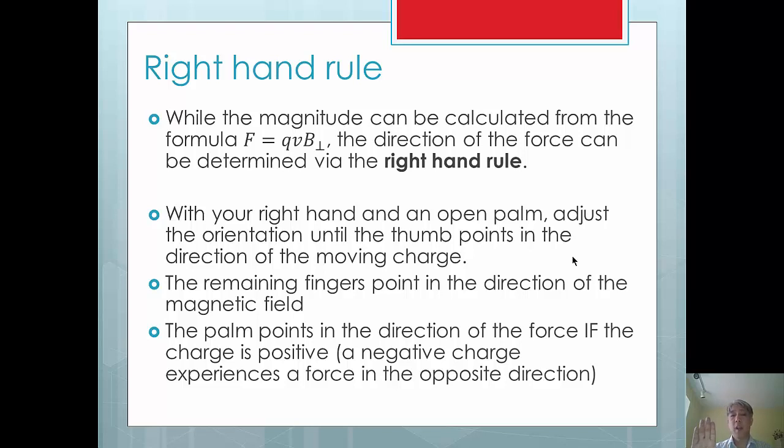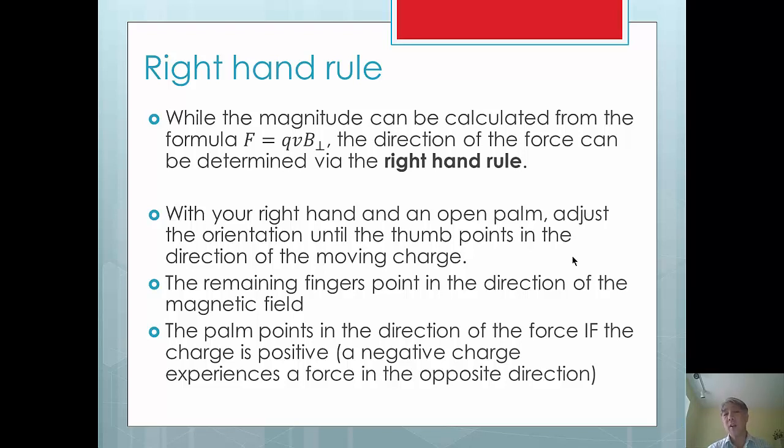Keep your hand open, the thumb open and flat, so don't orient the thumb towards you. Try to keep a 90-degree angle between the thumb and the rest of the fingers. Orient your thumb in the direction of velocity, your fingers in the direction of the magnetic field. Your palm represents the force.